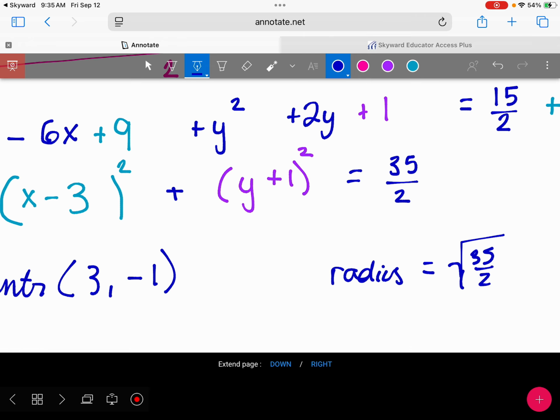That's also why we're not graphing it, because root 17.5 would be 4 and change, 4.18, blah, blah, blah.